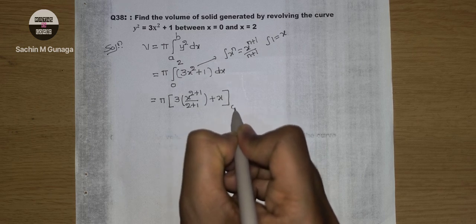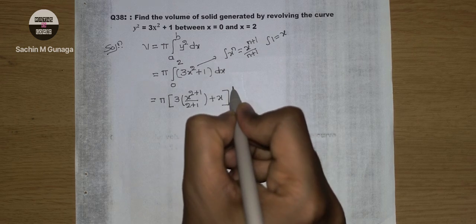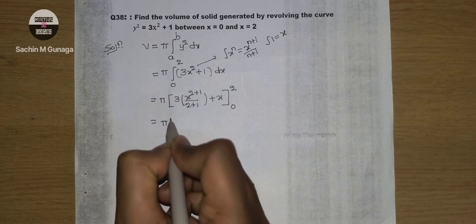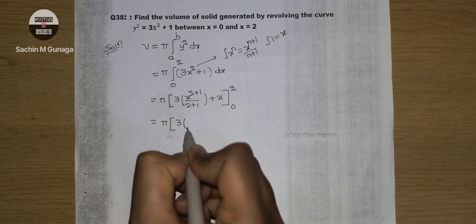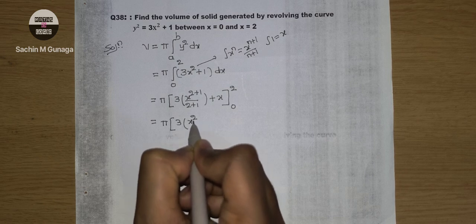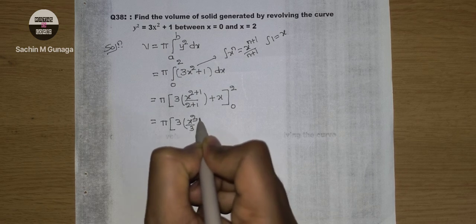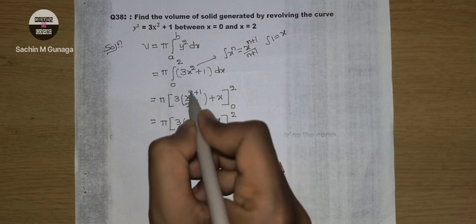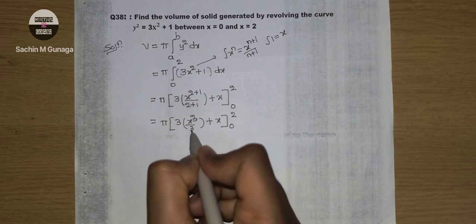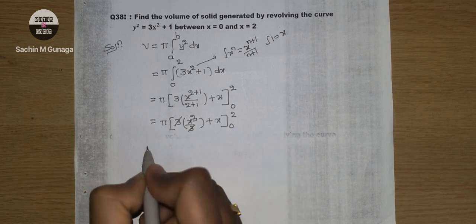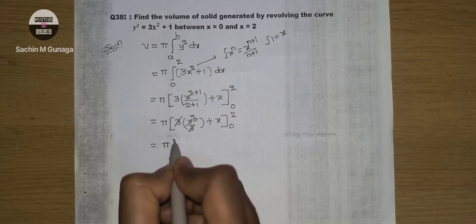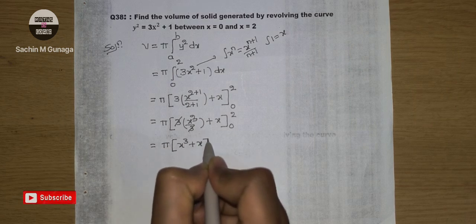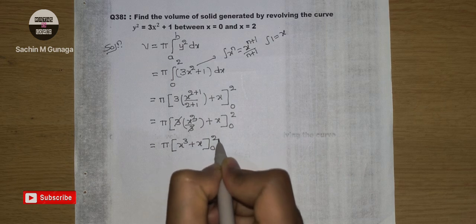After doing the integration, mention the lower limit and upper limit. Next, it is equal to pi into 3 into x cube divided by 3 plus x from 0 to 2. 2 plus 1 is 3, 2 plus 1 is 3, cancel 3 and 3. Therefore it is pi into bracket x to the power 3 plus x from 0 to 2.